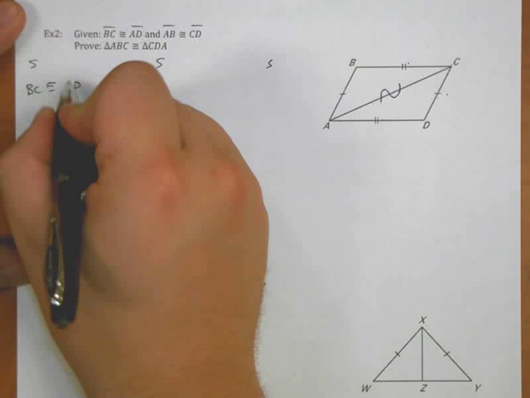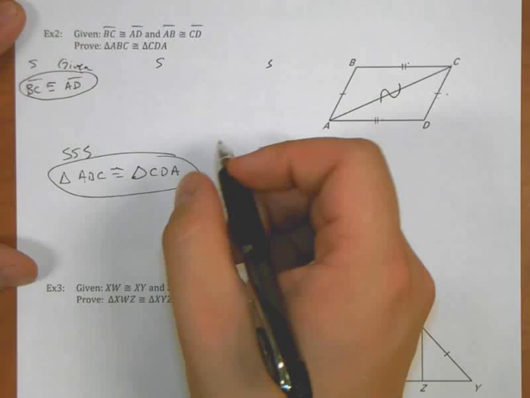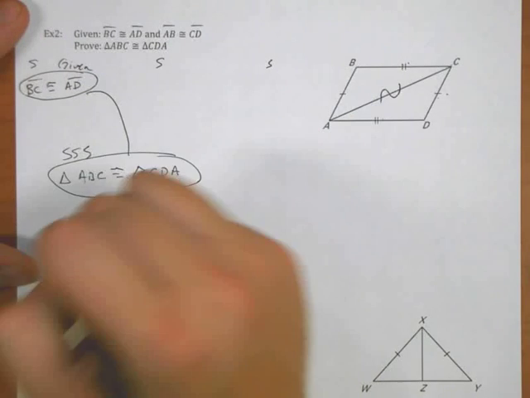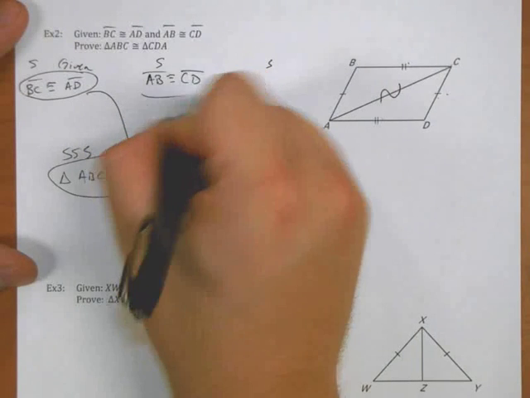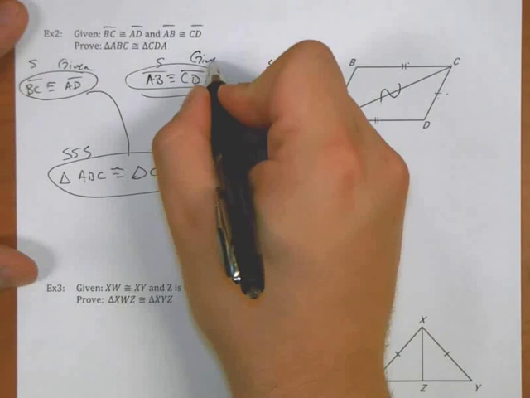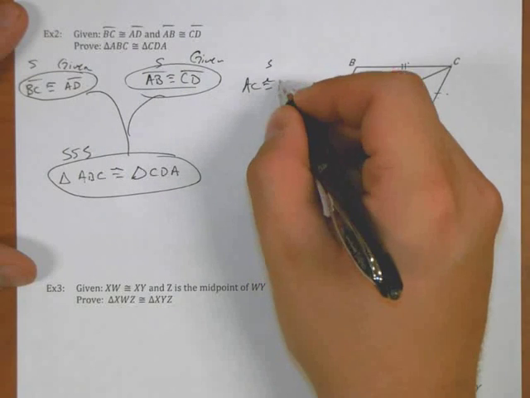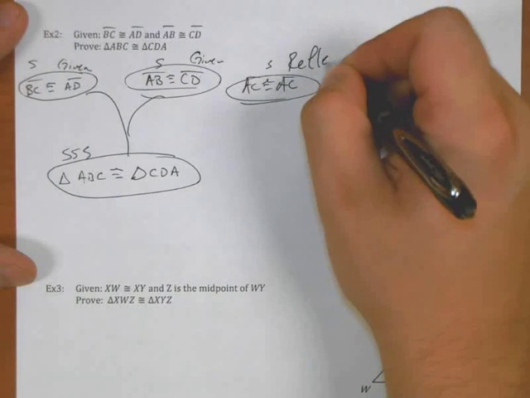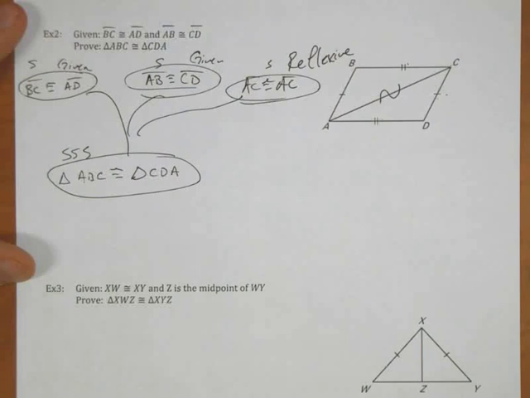And that BC is congruent to AD, so it's given. I know that AB is congruent to CD, also given. And also AC is congruent to AC because of the reflexive property.